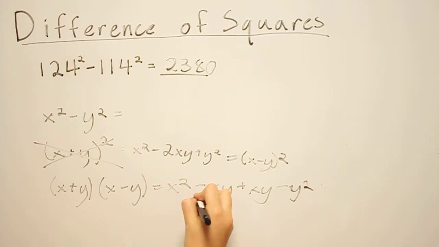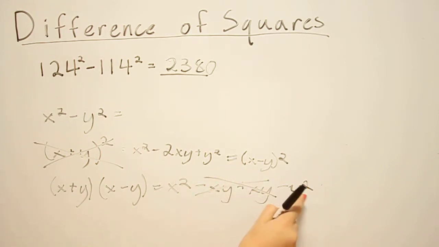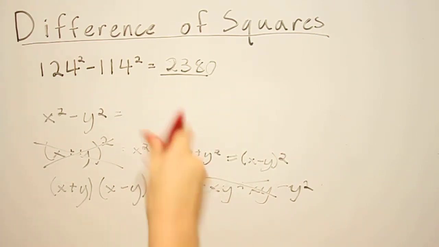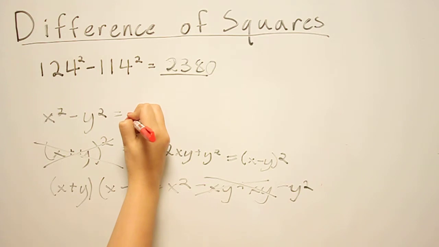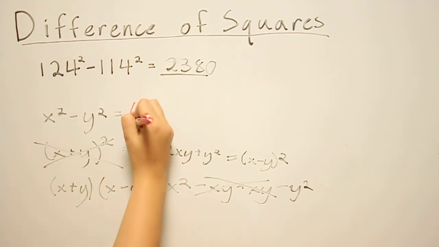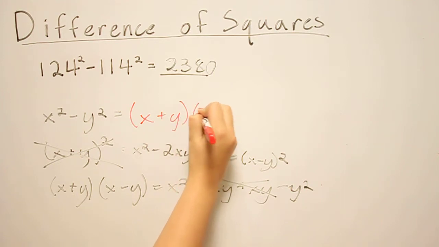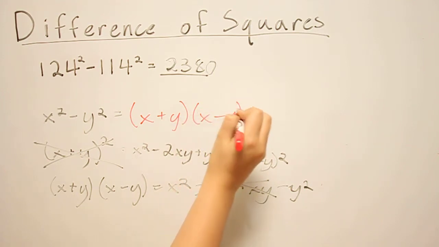So these two in the middle cancel out like we wanted, and we're left with x squared minus y squared. So the factorization of x squared minus y squared is x plus y times x minus y.